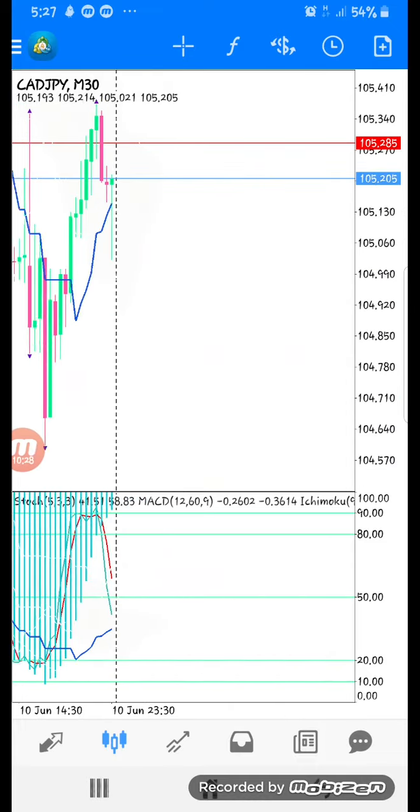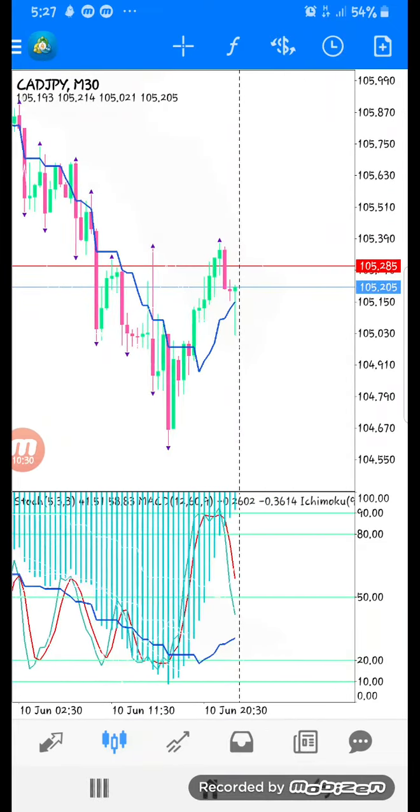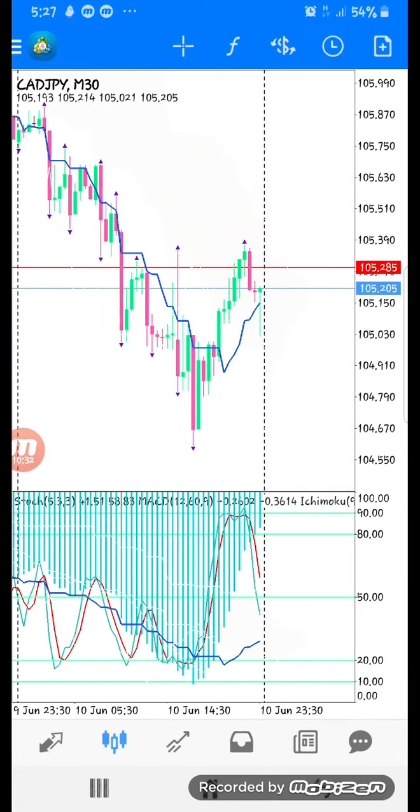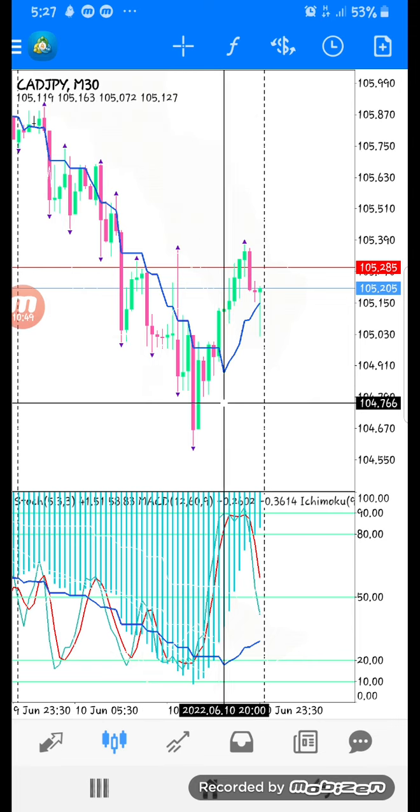So now when the market got here, you saw that the Ishimoku is at the oversold level, 2010, and then there was a breakout. This is a breakout here.